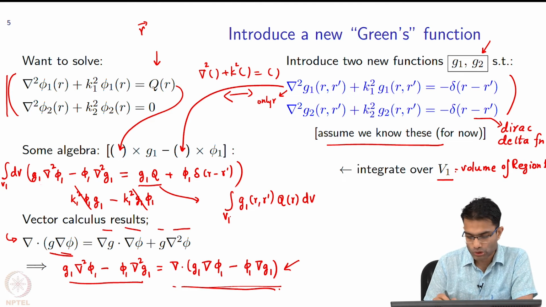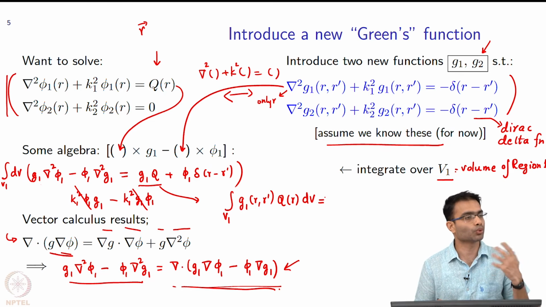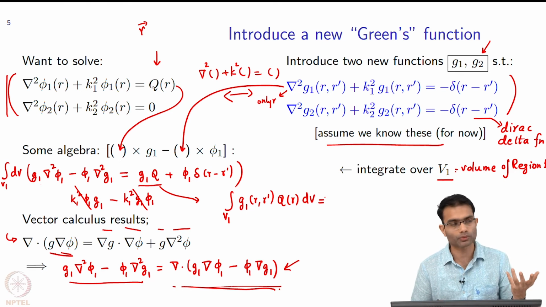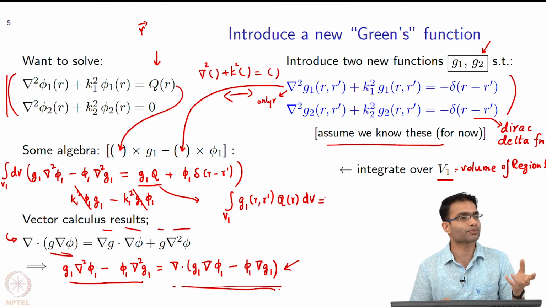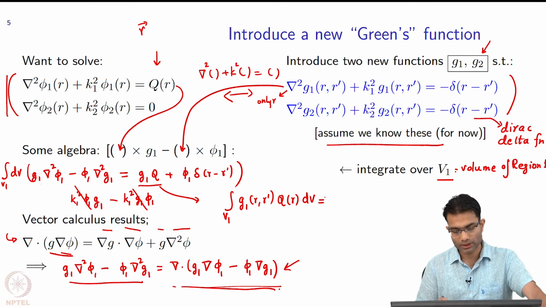If I do all this integration, these are all known things. I have not told you how to calculate G, but we will get to it. So, G1 is known, Q is given to you in the problem, because Q is capturing the current source. So, this term is given to me.